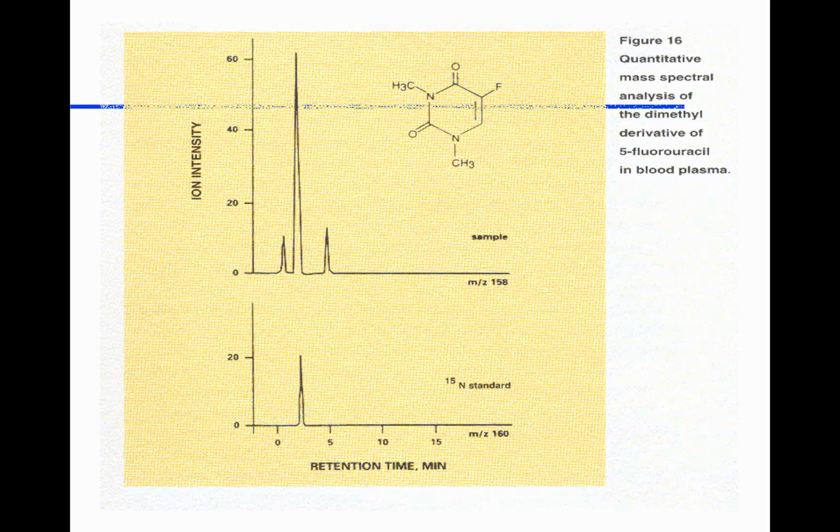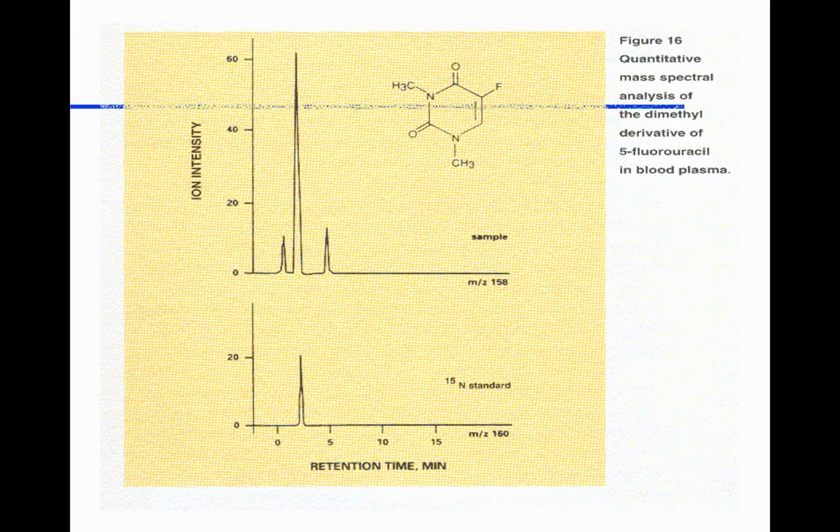As we break down the effluent from the LC, a very, very major fragment is mass 158. And not a lot of things are going to have 158. So it's very specific. It's going to monitor primarily this one compound. And so if we just monitor mass 158 and nothing else, this is what we see for the 5-fluorouracil.